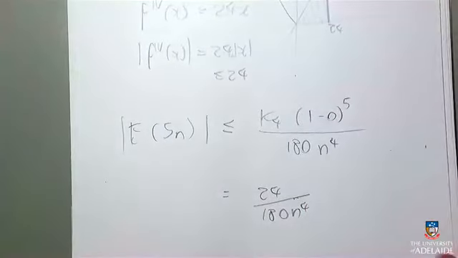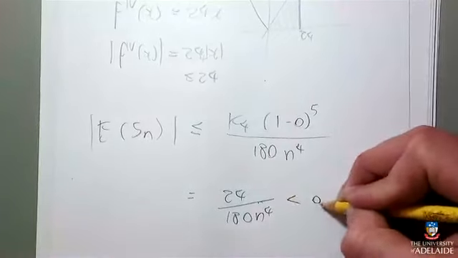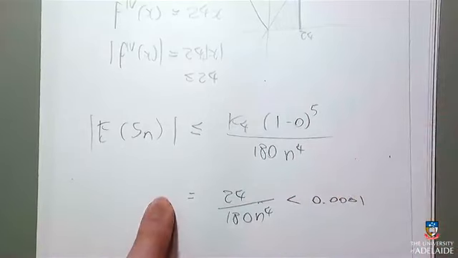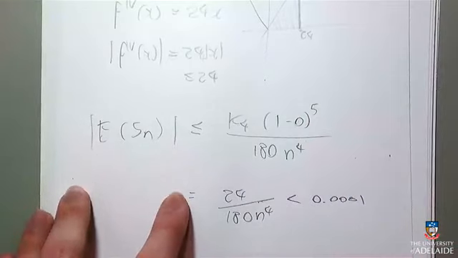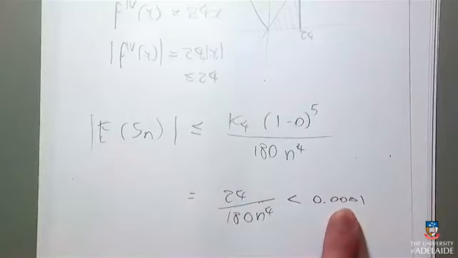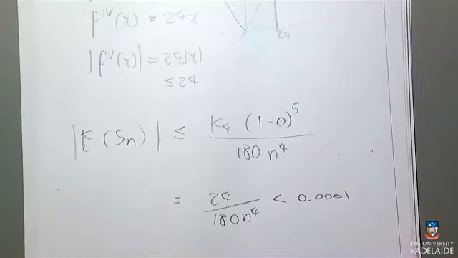In order to guarantee that the error is less than 0.0001, I need to guarantee that this is less than 0.0001. So don't be fooled into putting the 0.0001 here. This isn't equal to that. We need it to be definitely less. We know the error is less than this, and if we know that this is less than 0.0001, then we will be guaranteed to have it the way we want. So we'll rearrange this to figure out what n has to be.